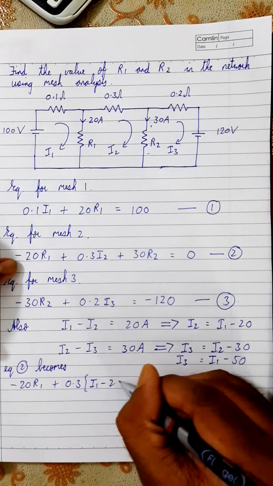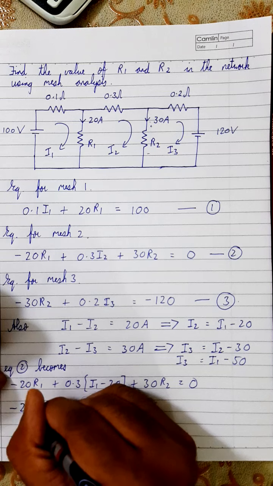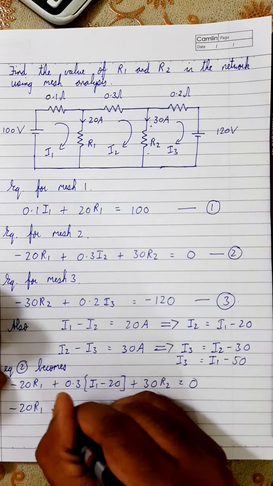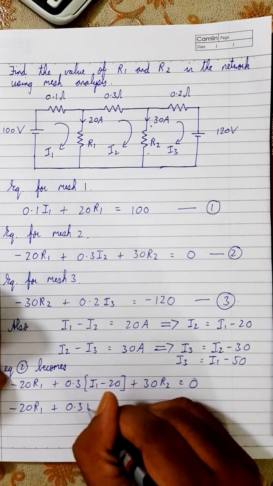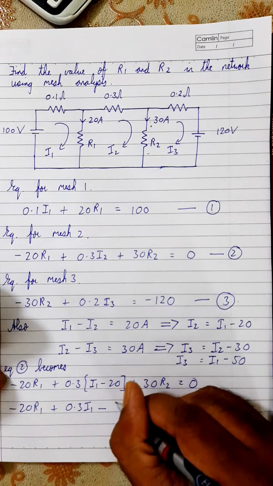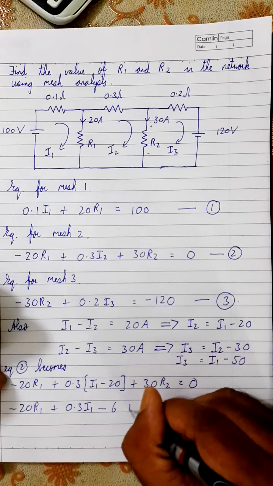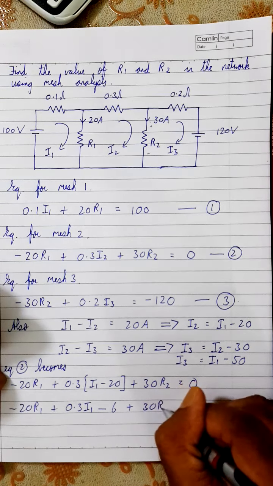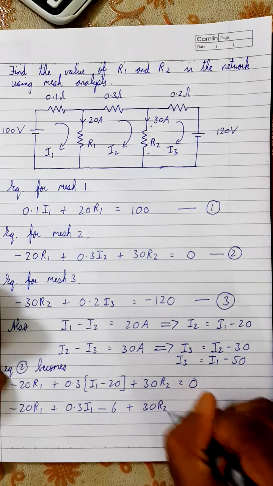Or this can also be written as minus 20 R1 plus 0.3 I1, minus, what is 0.3 into 20? It is 6. Minus 6 plus 30 R2 is equal to 0, right?